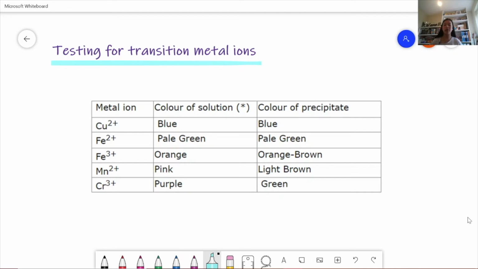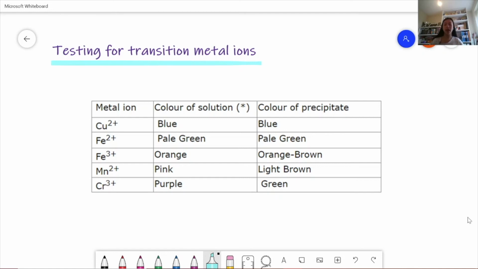Basically what should happen is there should be an acid-base reaction or a hydrolysis reaction occurring where the hydroxide ions which are being added are taking away the H pluses from some of the water ligands which are attached to the central metal ion. And so what forms is a precipitate.